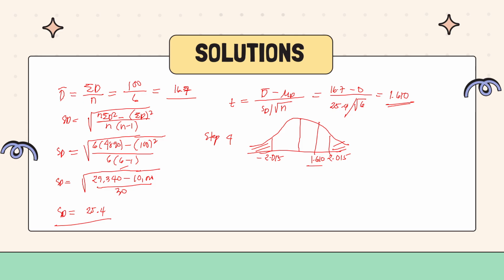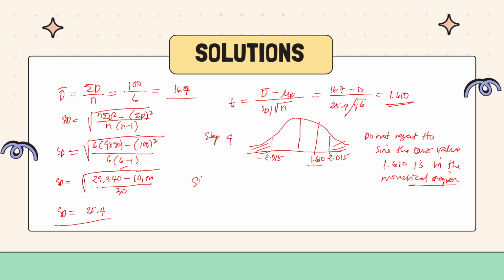What is our decision here? The decision is do not reject H0, since the test value 1.610 is in the non-critical region. So this is our step number 4.